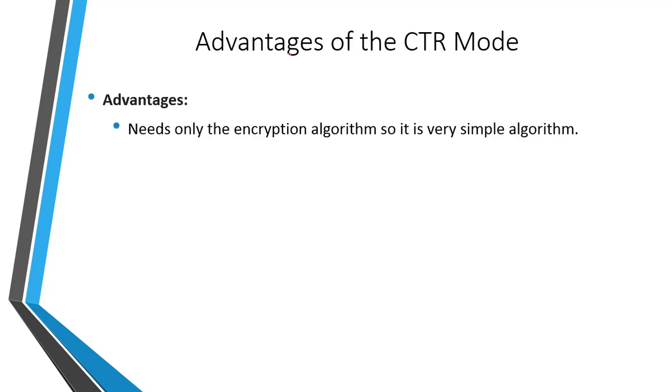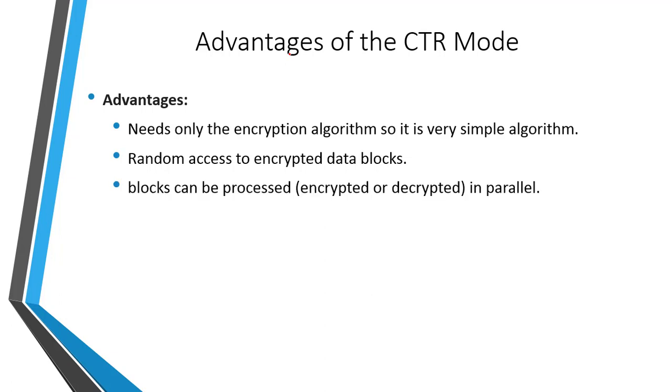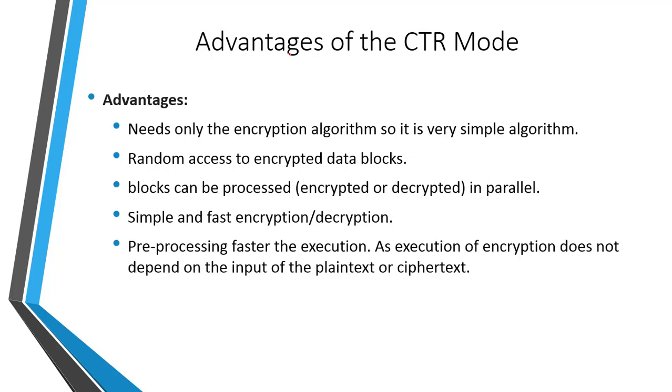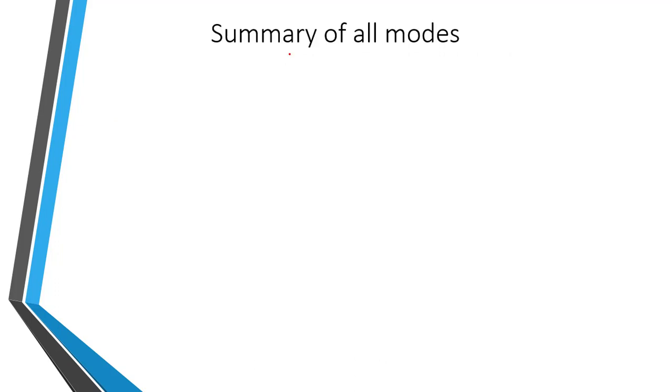The advantage is that it needs only the encryption algorithm, so it is a very simple algorithm, and we can randomly access the encrypted data blocks. Blocks can be pre-processed and processed in parallel. It is simple and fast, and pre-processing speeds up execution, as the encryption does not depend on the input of the ciphertext or the plaintext.